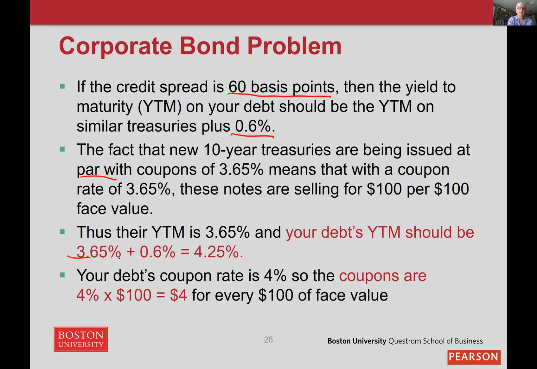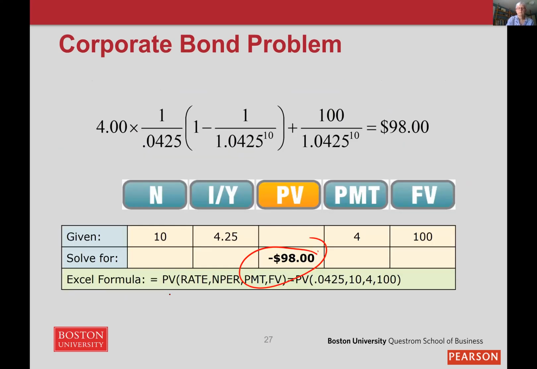So we're going to add 3.65 plus 0.6, which is going to give us 4.25. We have the coupon rate. So we can put all of that into our calculators and get $98.